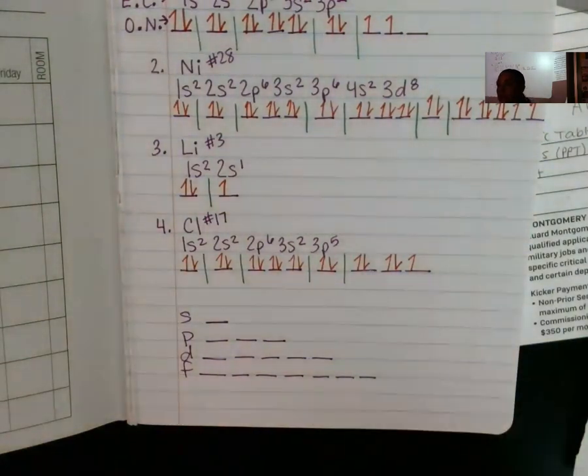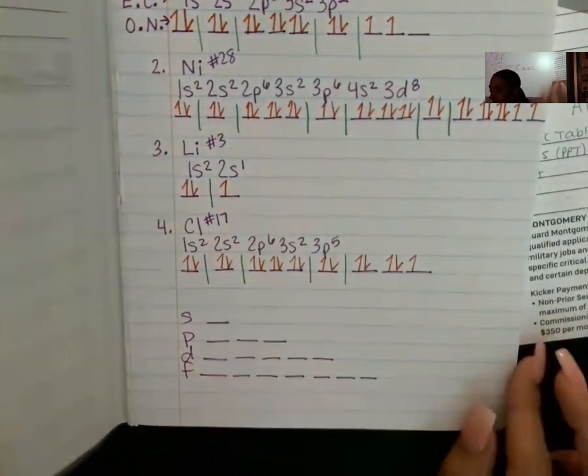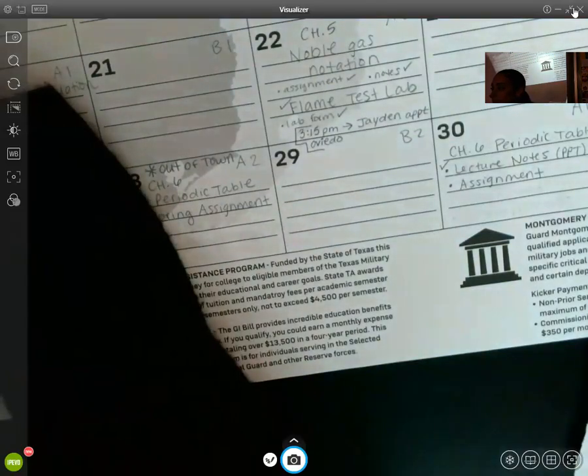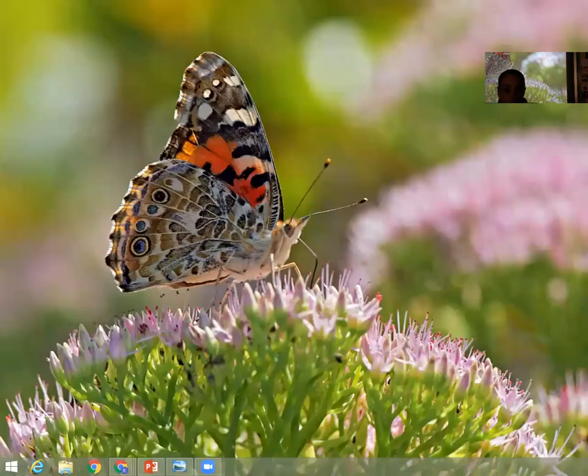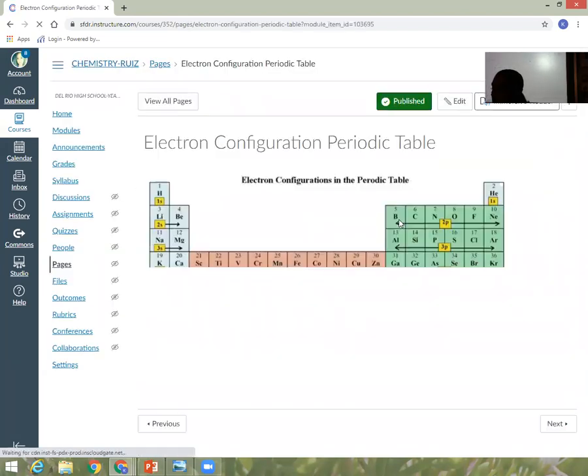You're going to need another page for your actual work, okay? And let me show you on your modules what to look out for. On today's module, you have the notes that we went over, the PowerPoint notes, and then you have your electron configuration periodic table.